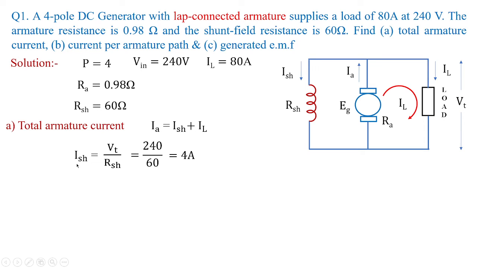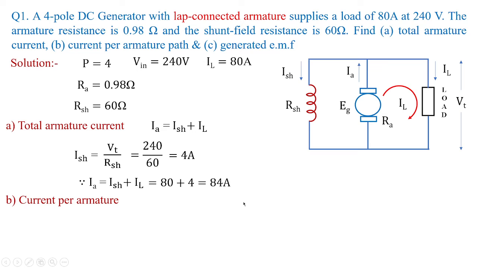This gives the value of ISH as 4 amperes. And the load current is 80 amperes. In fact, the armature current, which depends on this formula, comes to 84 amperes. So the total armature current of this particular shunt machine, in fact shunt generator, is 84 amperes.